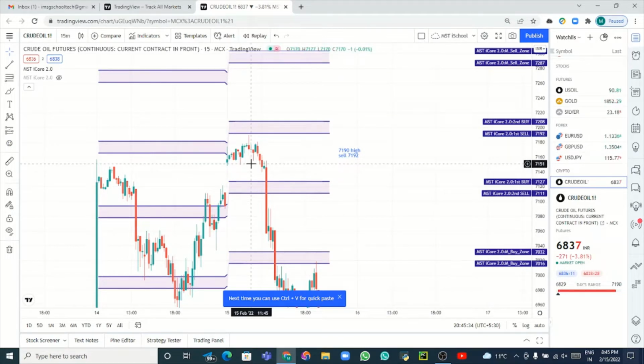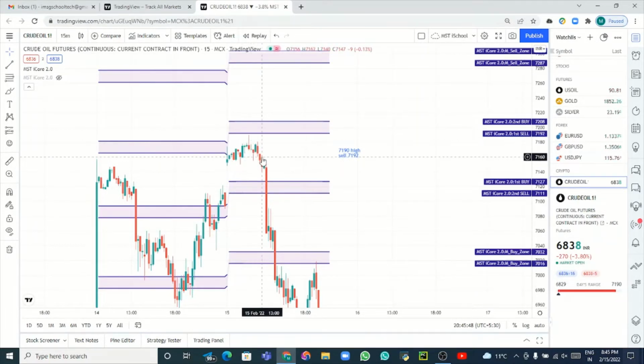See here, next candle high was 7177. So that 7177 is the high price. You can take 7170 also, right, with the same SL. But what you can do, whichever is the difference point you have taken, that points you can add to the targets points. Okay, that is the thing.